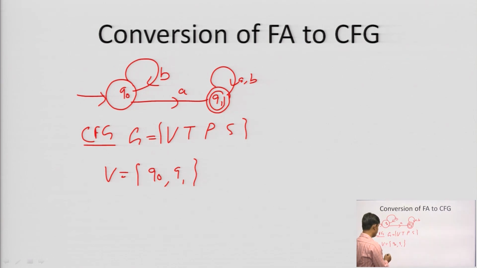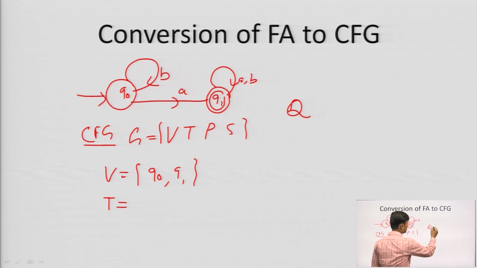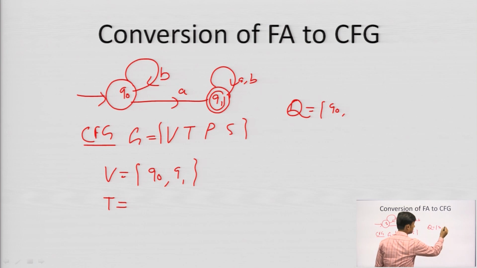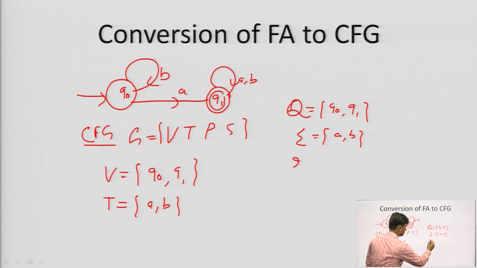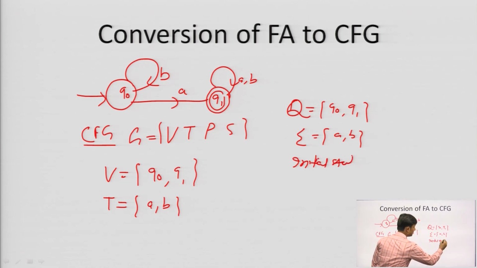Then we have the terminals T. You can check the input alphabet of the finite automata: the set of states Q is Q0, Q1, and the input alphabet is A, B. So now T has A, B. Now what is S? S is the starting symbol. Here the initial state is Q0, so the initial state is Q0.